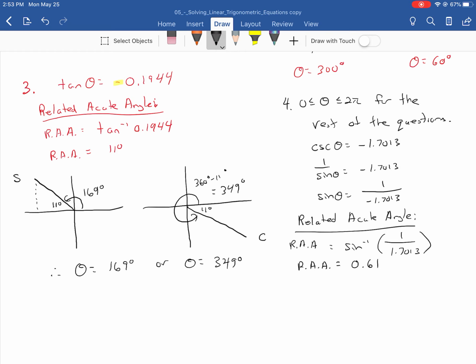So again, double check on your calculator. If you're not getting the same answer as me, make sure that you're not in degree mode anymore because this question asks for radians. And then you can type in sine inverse, open a bracket and go 1 divided by 1.7013. And when you do that, you should get what I get, 0.6.